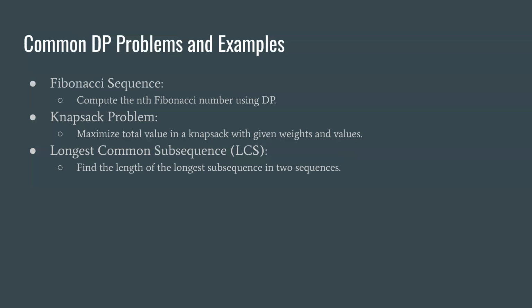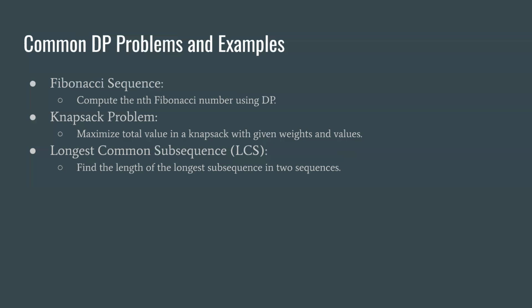Common dynamic programming problems and examples. So we're going to look at some common problems that can be solved using dynamic programming and their examples. We're going to start with the Fibonacci sequence problem, where we need to compute the nth Fibonacci number.